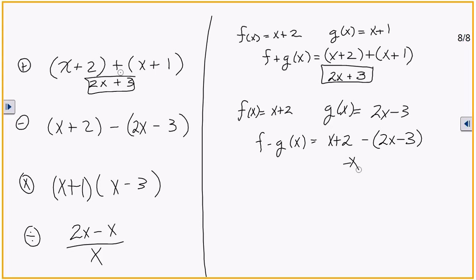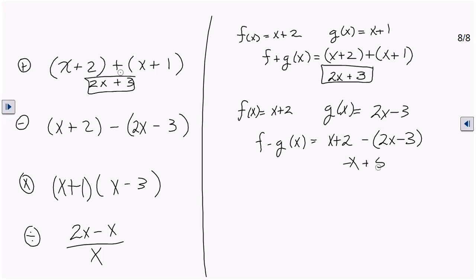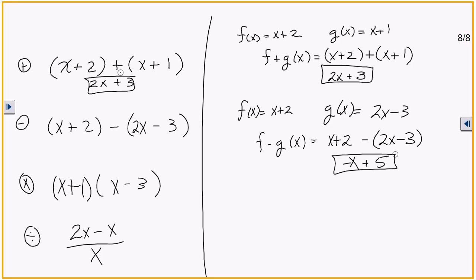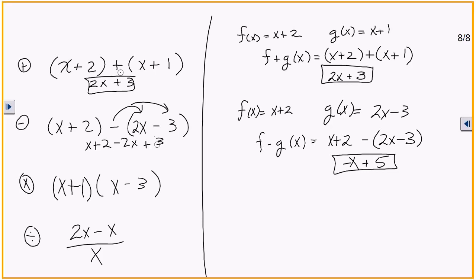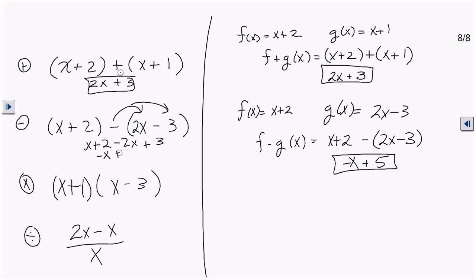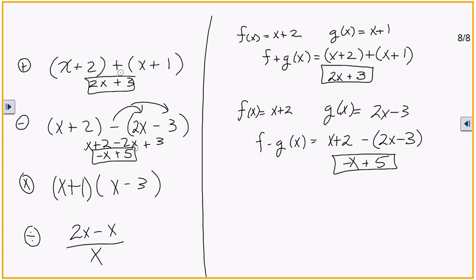And what's 2 plus 3? 5. And if you go back to pre-algebra, you distribute that negative. That's going to be x plus 2 minus 2x plus 3. And x minus 2x is negative x, and 2 plus 3 is 5. So you get the same thing that you did back in pre-algebra.